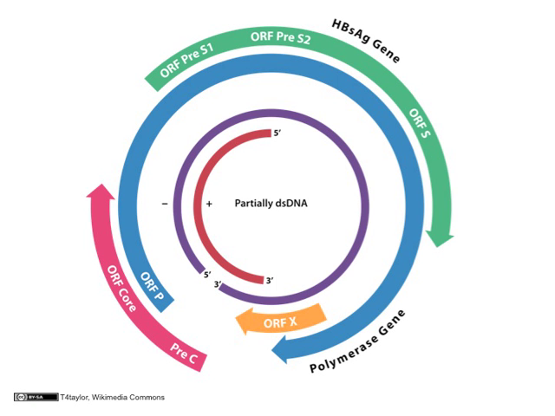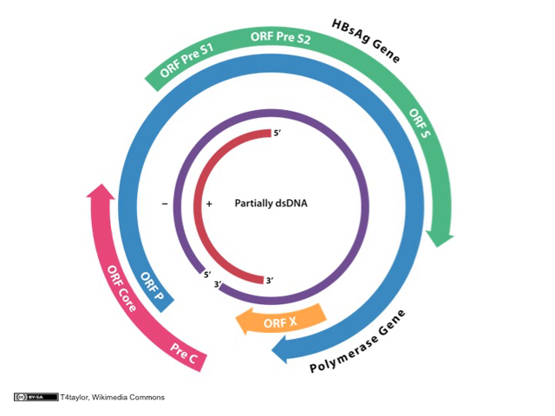So the coat protein is called surface antigen. And that one's important. That's the one that's produced in large amounts that we can actually measure in blood. There is a core protein which we can measure an antibody to. And there's the DNA. So there's at least three things we can measure.